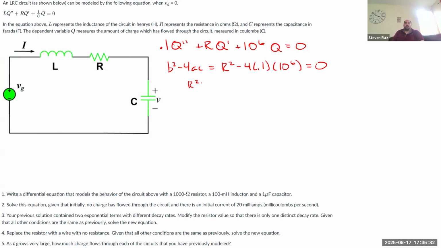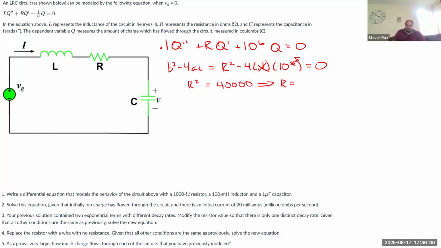So R squared is going to be equal to 0.1 times 10 to the 6th is the same as 10 to the 5th. So R squared equals 4 times 10 to the 5th, so that's 40,000. Which means that R is going to be equal to the square root of 40,000.